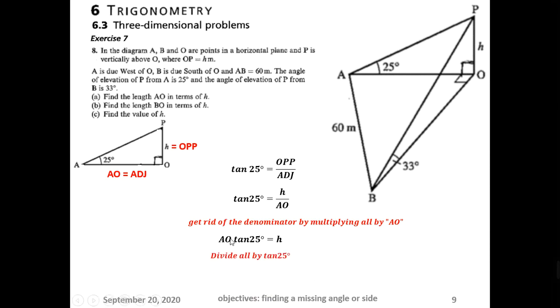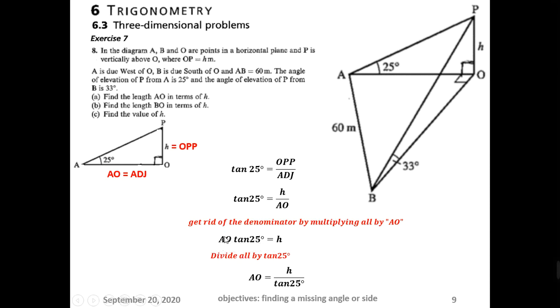Once again, AO, the unknown, times tan of 25, and we solve for AO by applying opposite operations. Since the operation here is times tan of 25, to get rid of tan of 25 we're going to divide all by tan of 25.